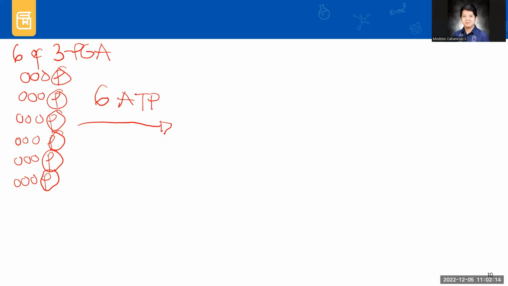So, yung ATP natin will undergo a reduction phase. And so, what will happen? The ATP will donate one of its phosphate. 'Di ba may tatlong phosphate sila kaya triphosphate. So yung isa ibibigay nila doon sa 3-PGA. So ang mangyayari, we will have 6 molecules ngayon ng ganito na molecule.